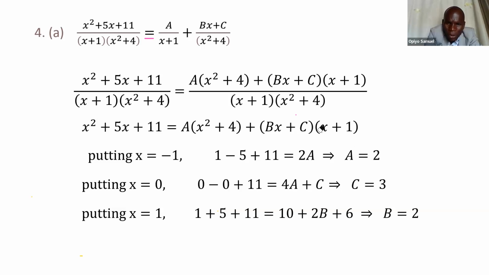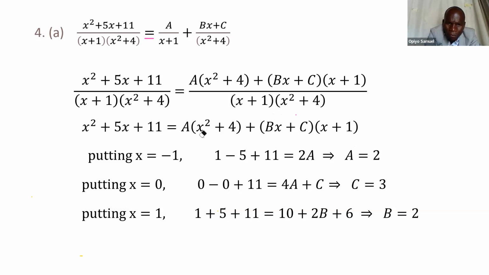When you put -1, the second part of the right hand side will disappear because you are multiplying it with a 0. So this gives us... I think I'm seeing an error here.